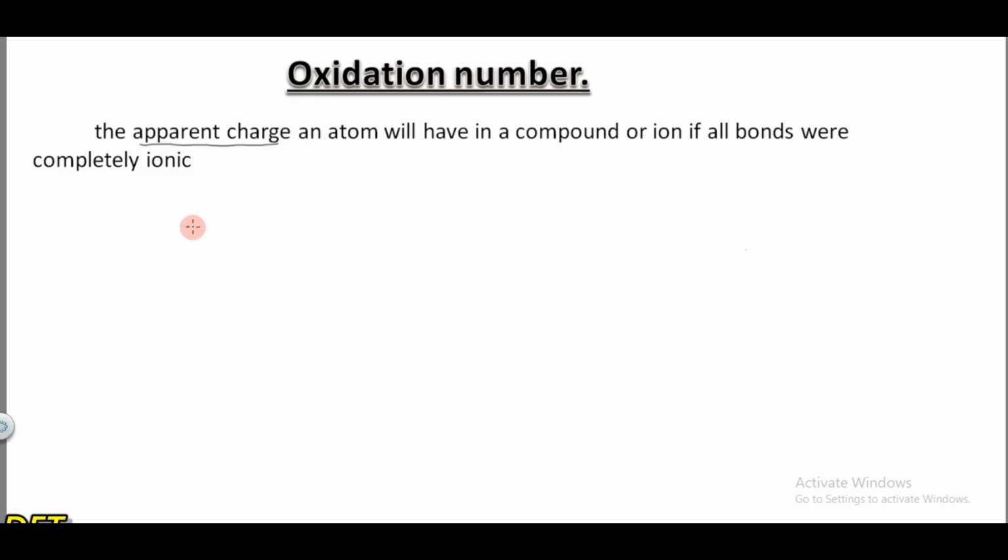So we have group 1, group 2, group 3, group 4, group 5, group 6, group 7, and group 8, or group 0. It is called group 8 or group 0. Then we have period 1, period 2, period 3, period 4, period 5, 6, and period 7, right?